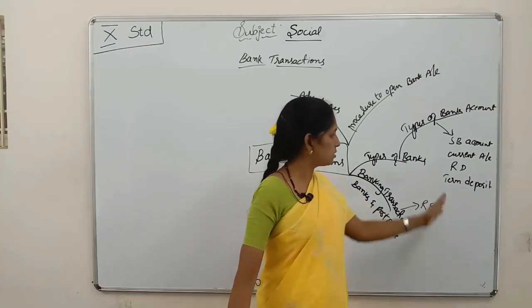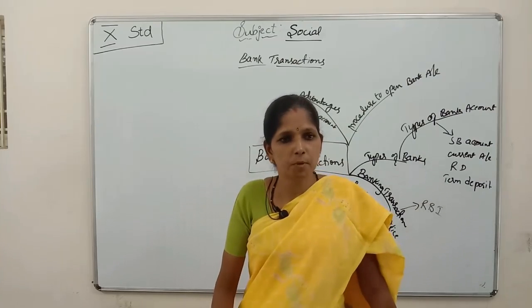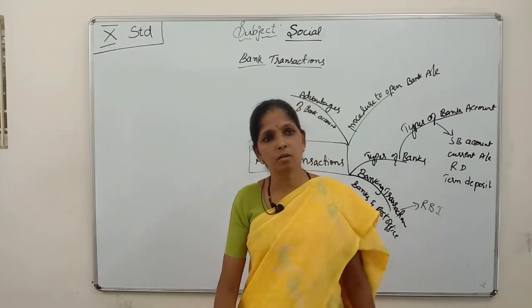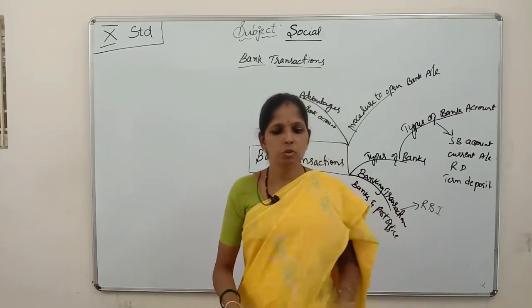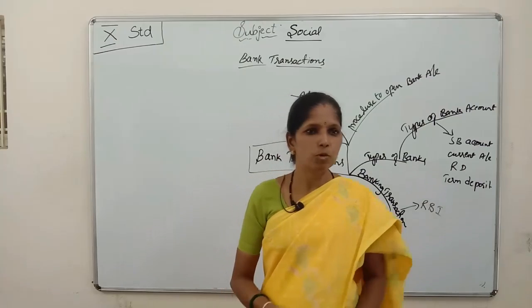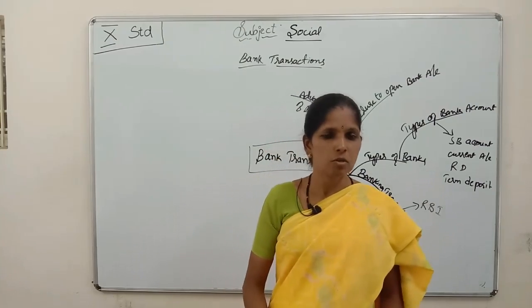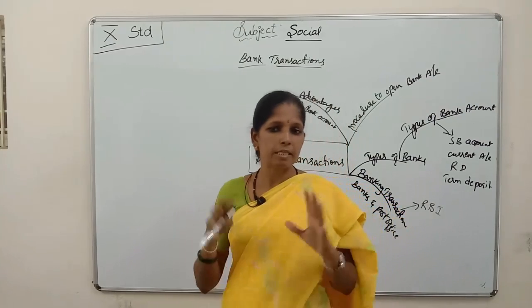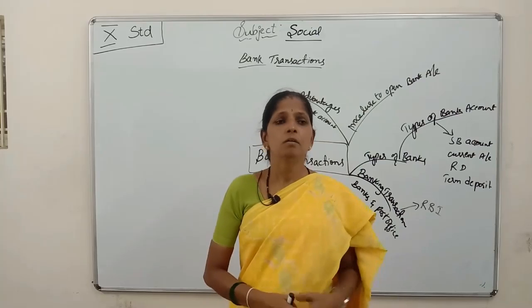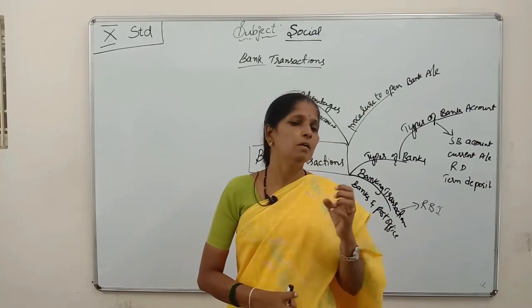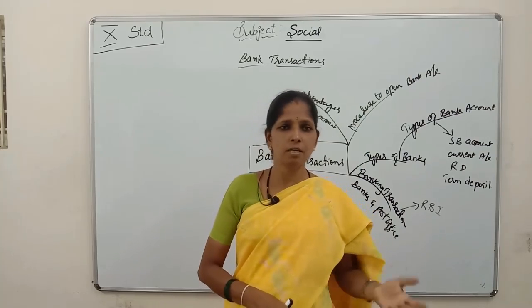Next comes the term deposit or fixed deposit account. This account is opened for a fixed period. For example, today I have got 1 lakh rupees with me, and I don't need that amount for the present. So I keep that amount in the bank for 6 months or 1 year. The time can be a month, 6 months, 1 year, 5 years or 10 years.